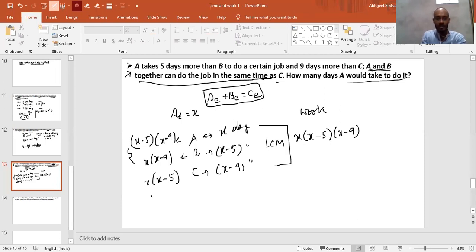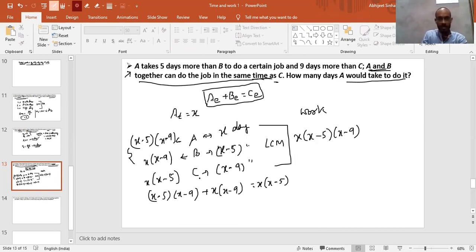So the sum of this is X minus 5 into X minus 9 plus X into X minus 9, which equals X into X minus 5, right?